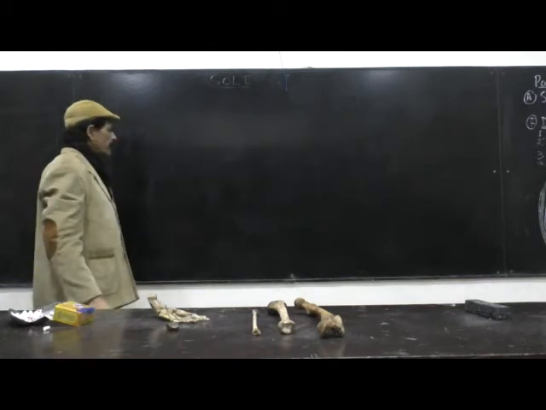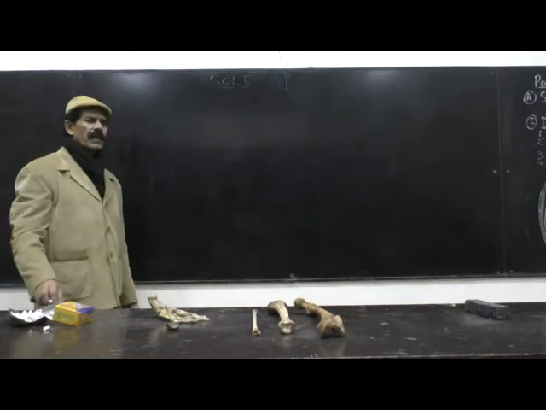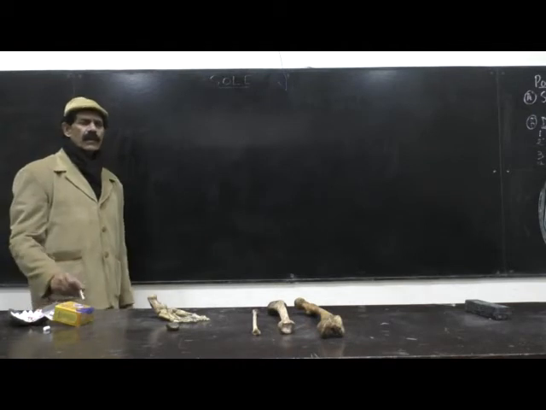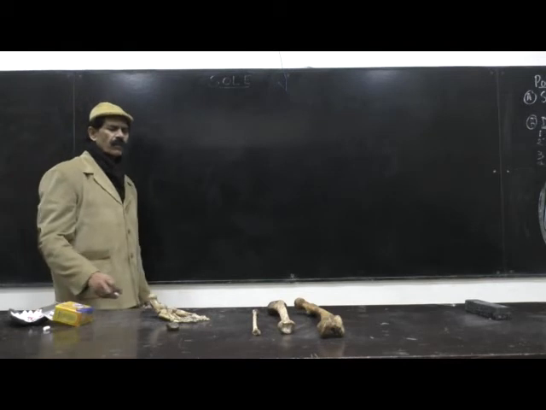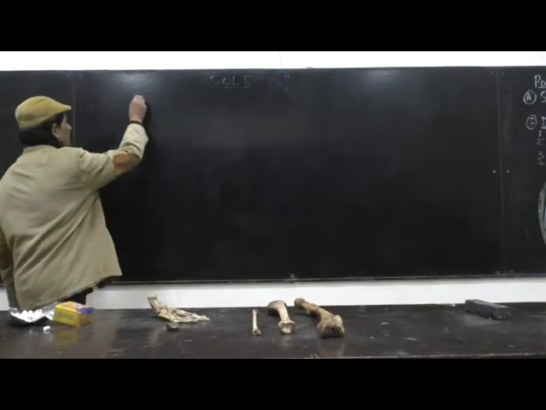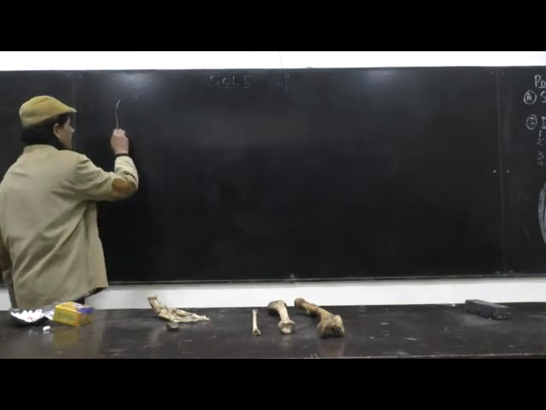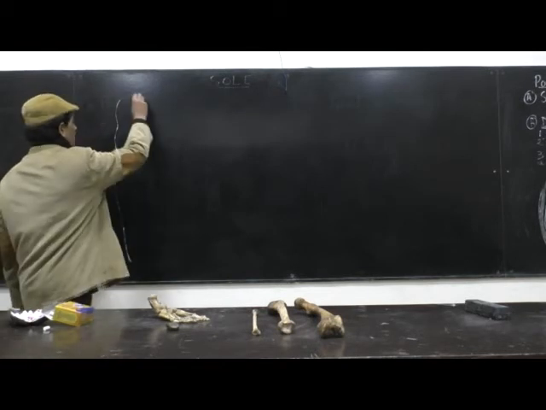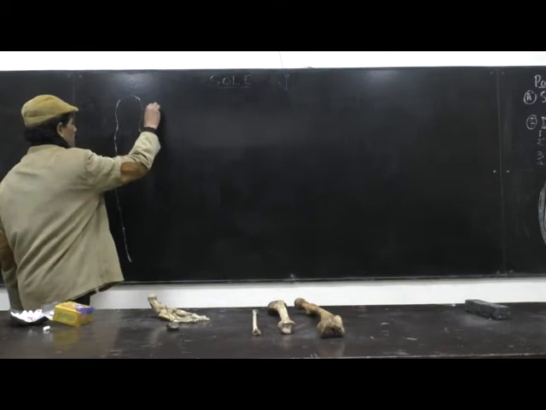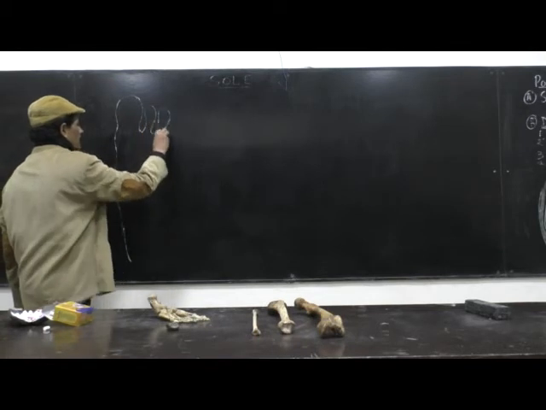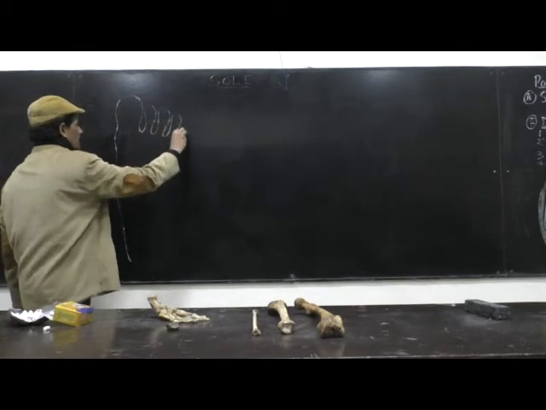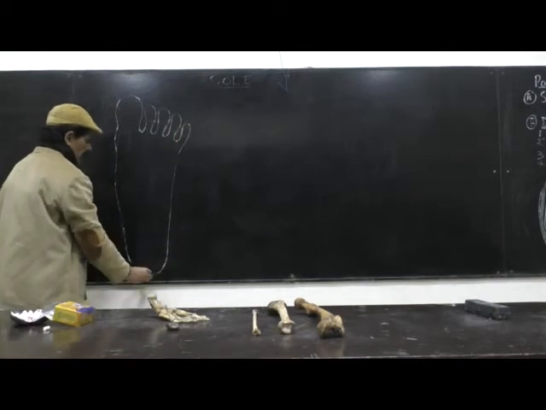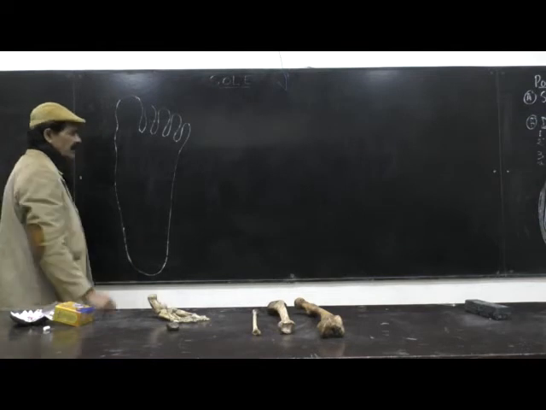As a rule, before we go into the dissection and the introduction of the structures in the sole of the foot, we should know the arrangement of the various bones in the sole of the foot, or what is called the plantar surface of the foot. So this is the plantar surface of the foot, that is also called the sole of the foot.